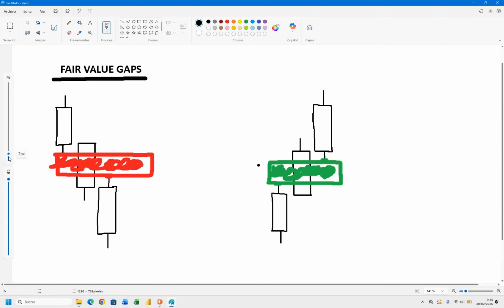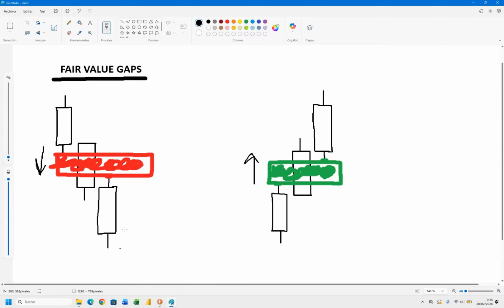A fair value gap tells us that the price moved down so quickly that there was no trading involved within that gap. And here the same thing, price moved up so quickly in this scenario that people couldn't trade fast enough within that fair value gap. This is why fair value gaps get created.